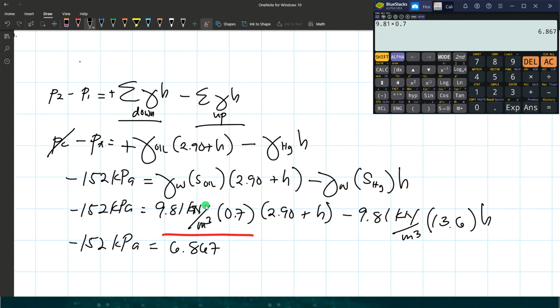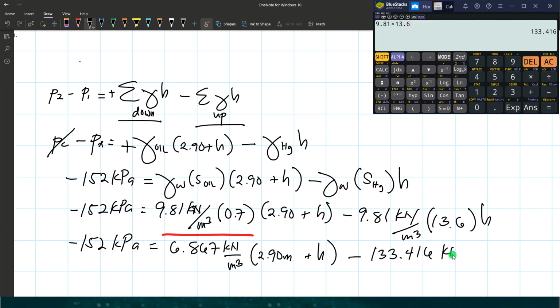The unit is still kilonewtons per cubic meter. 2.9 is in meters, plus H, minus 9.81 times 13.6, which is 133.416.